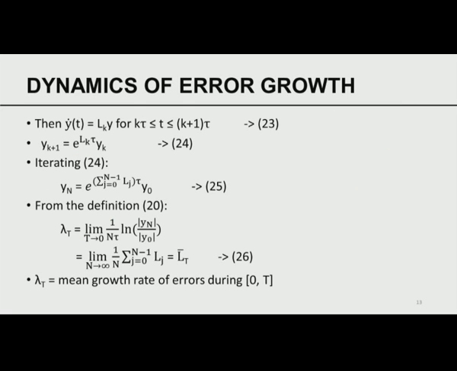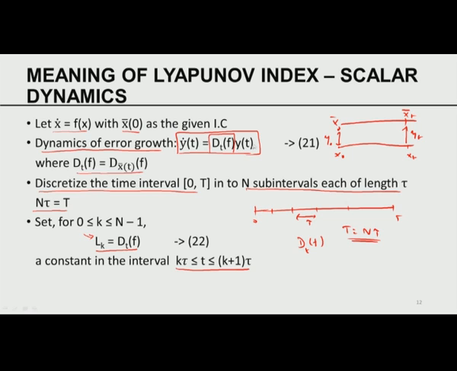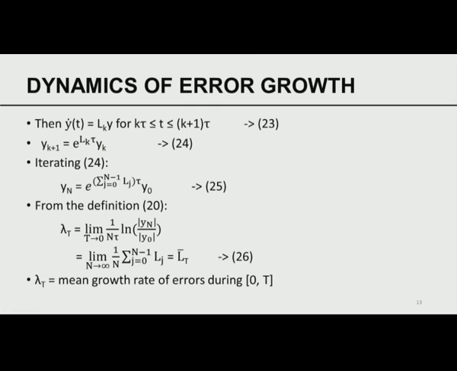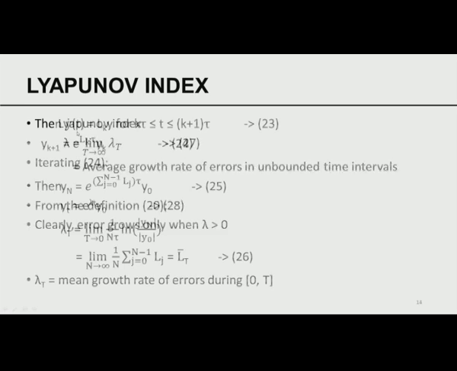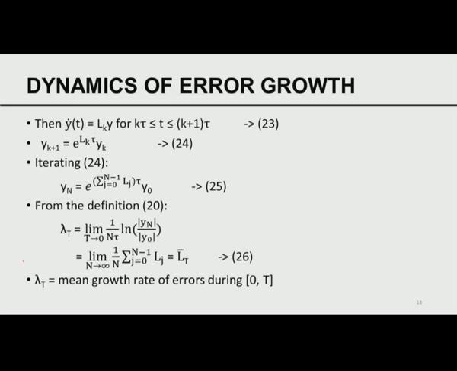Therefore y dot is equal to the Jacobian of f times y of t; by combining 22, when 22 is substituted in 21, it becomes an equation of this type. That is a linear equation. This equation depends on k, you can see Lk depends on this interval. I can solve this equation very readily, that is y k plus 1 is equal to e to the power of Lk tau times yk.